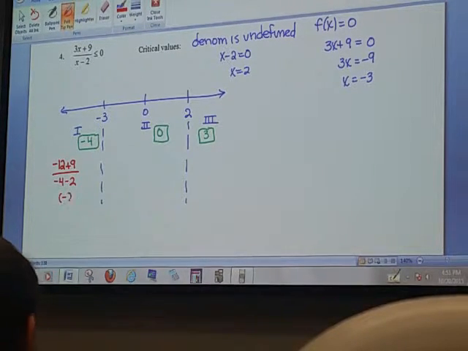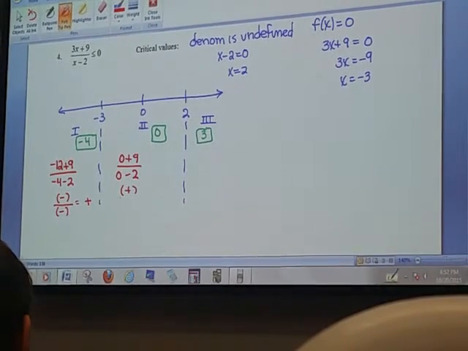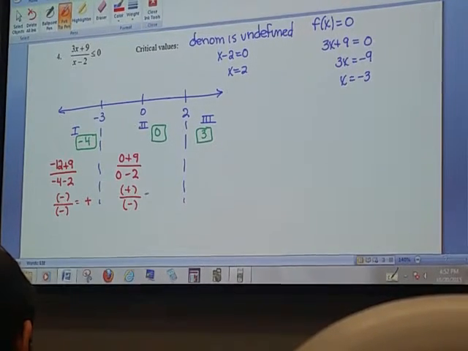So that will be a negative over a negative, which will be a positive. Same thing. If they were beside each other or on top of each other, it doesn't make any difference. Same analysis. Here I will have 0 plus 9, over 0 minus 2, so that will be a positive over a negative, which will be a negative.